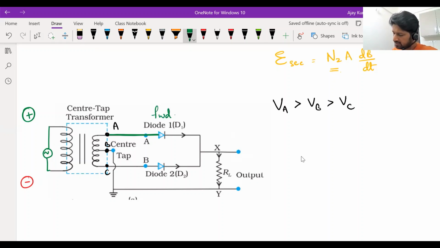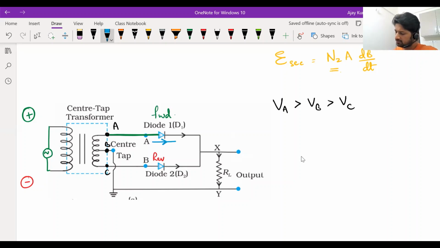The P side of the diode D2 is connected to B and the N side is connected to A. Now you know B is at lower potential than A. So during the positive half cycle, the diode D2 is reverse biased. It won't allow current. D1 allows current to flow through it and current flows this way. D2 does not allow any current.